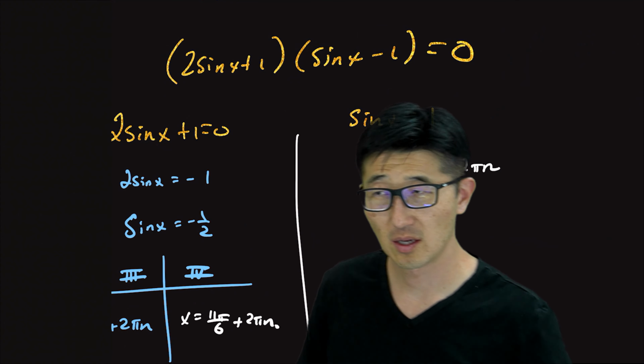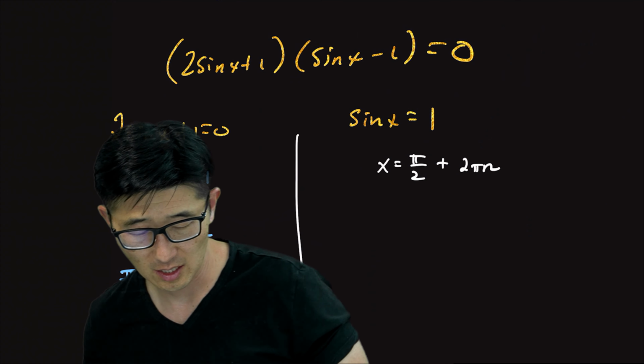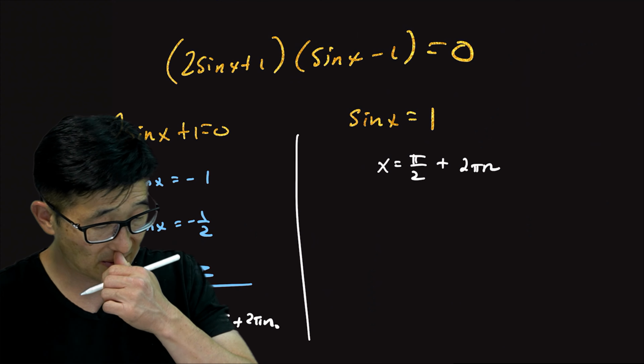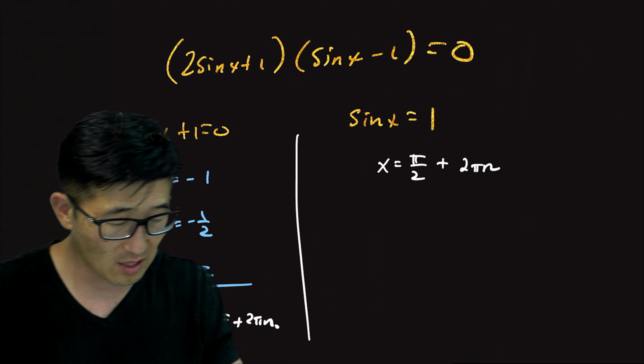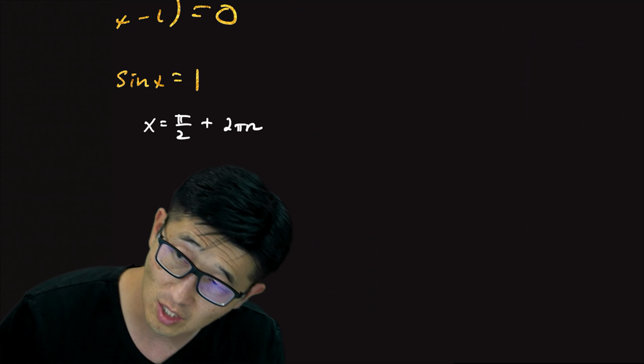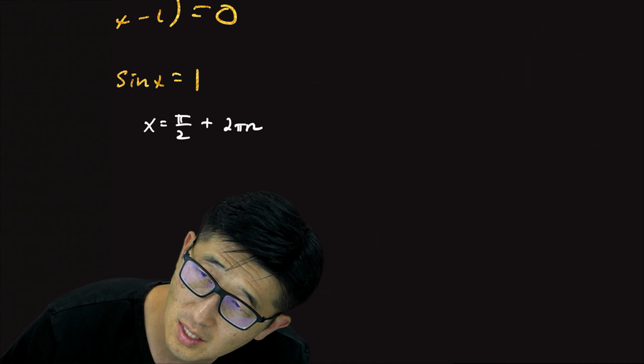I thought the answer key said pi n, so I chose this. Okay, I don't see any problems with the pi over 2 plus pi n.